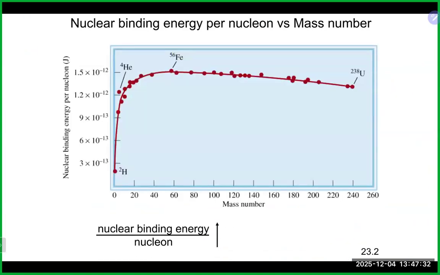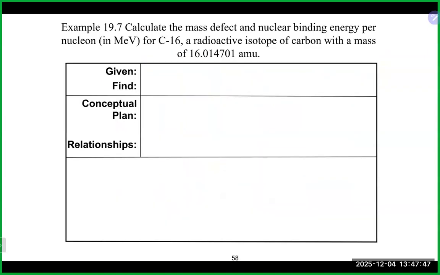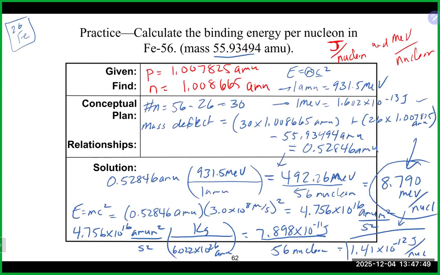If you remember from that graph we saw, there it is right there, iron 56 right up on top. It is the most stable based on binding energy per nucleon, and that's the one we just did, at the top of stability. Any questions on how to calculate that? Again, it's another measure of stability.